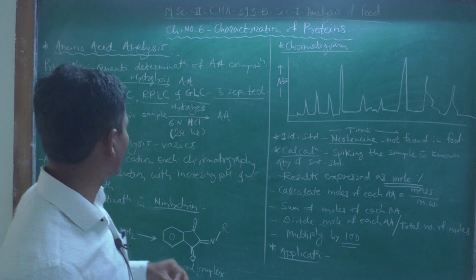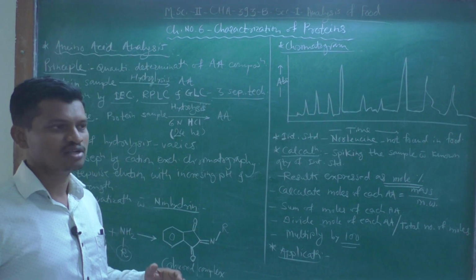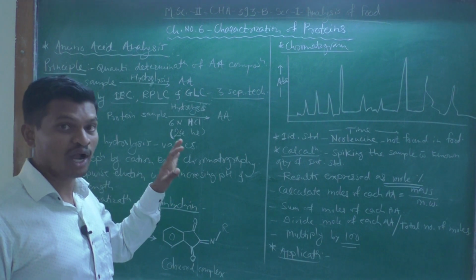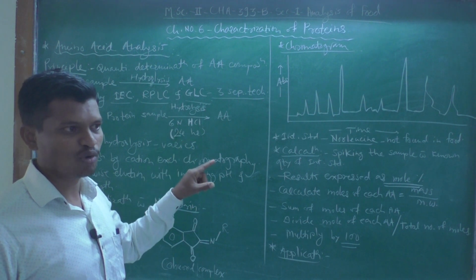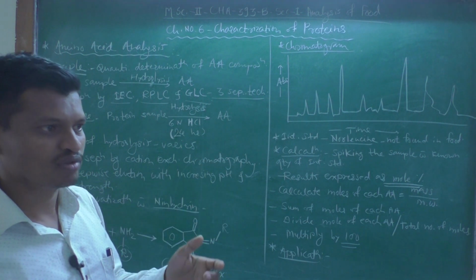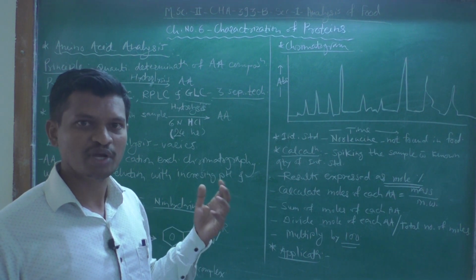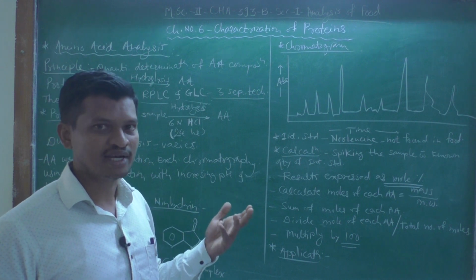So the procedure starts with the protein sample first being hydrolyzed in a constant boiling mixture. The solution is made in water, so the constant boiling mixture will boil at 100 degrees Celsius.